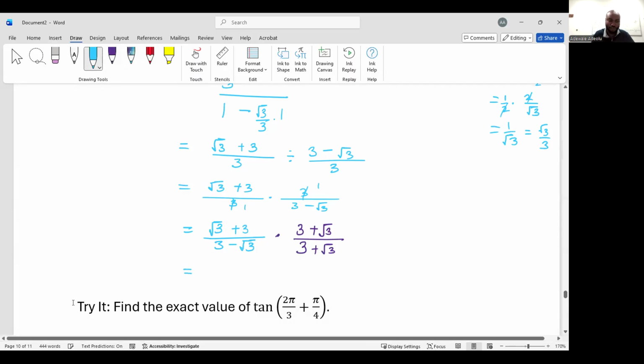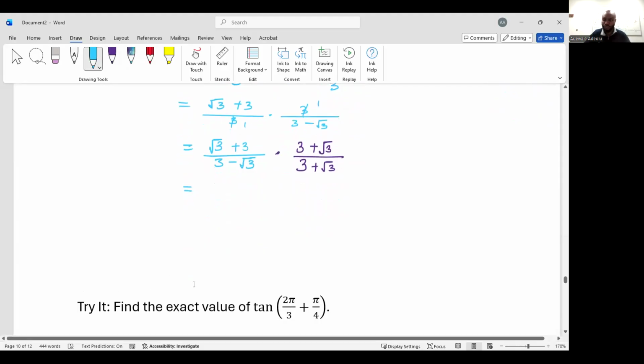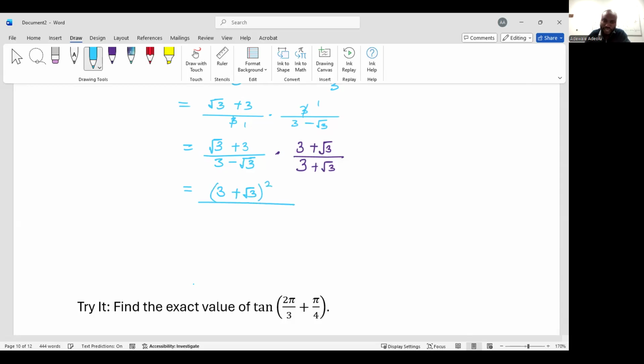So equals to, here we have, up there, 3 plus root 3 squared, divided by, for the denominator, 9 minus 3. And our answer is 3 plus root 3 squared divided by 6. You don't need to go further than that. That is fine, because we are sure that we do not have radicals in the denominator.